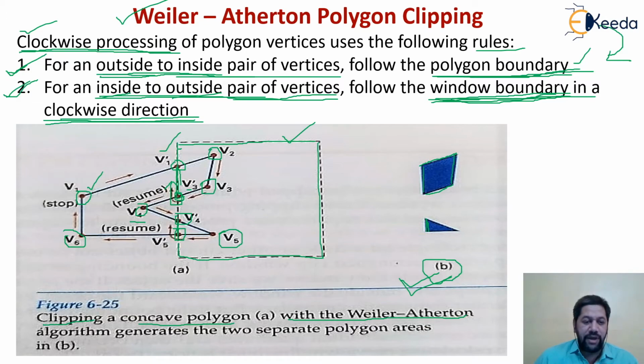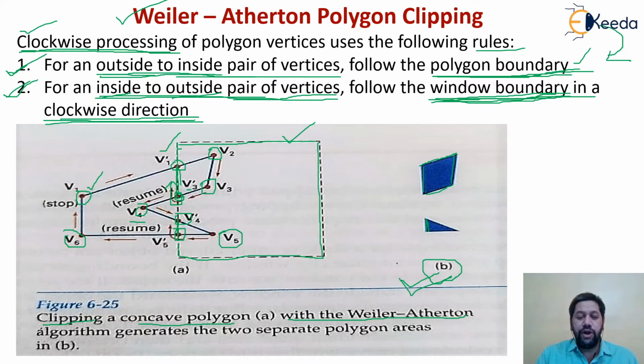If I'm having inside to outside, I have to follow the polygon boundaries. This difference has made the Weiler-Atherton polygon clipping algorithm useful for concave polygons, as shown in our diagram.